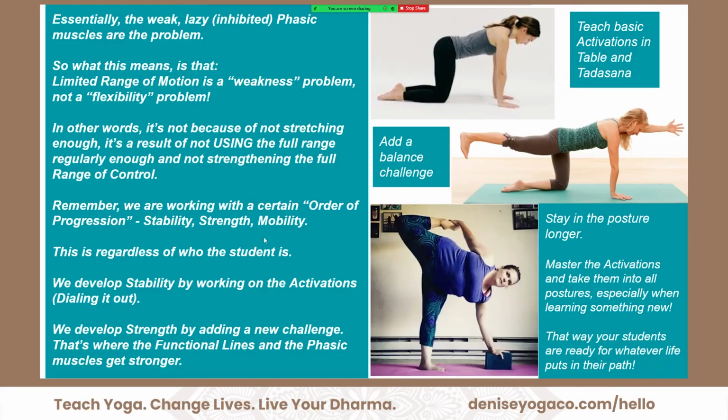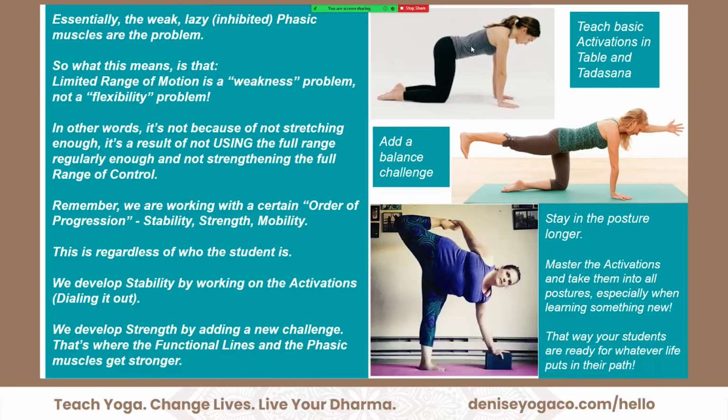And so we're going to develop stability by dialing it in, okay? Our hand to core, foot to core, body as one piece activation. We develop strength by adding a new challenge, and that's where the functional lines really come into being used, okay? So always here again, we show this is a progression.